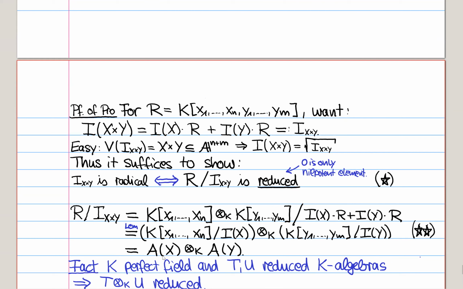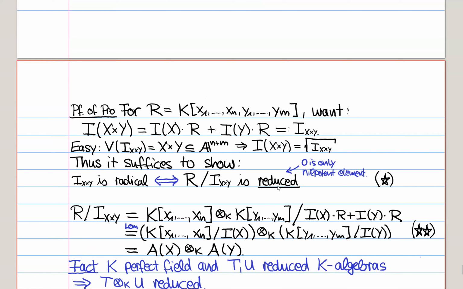By definition, or by the property that we saw above, this is just the coordinate ring of X, and this is just the coordinate ring of Y. And that's not so surprising because in the end, this is what we want to show is the coordinate ring of X cross Y.